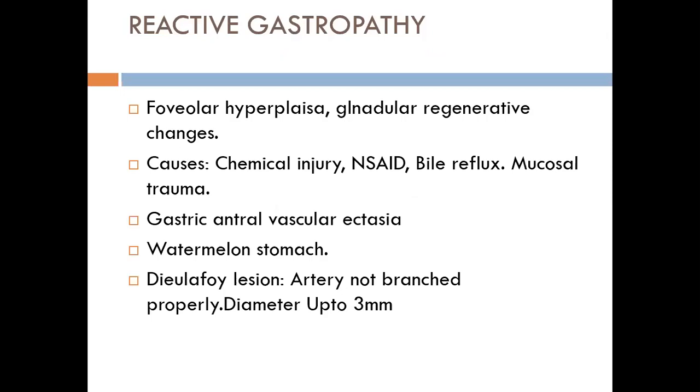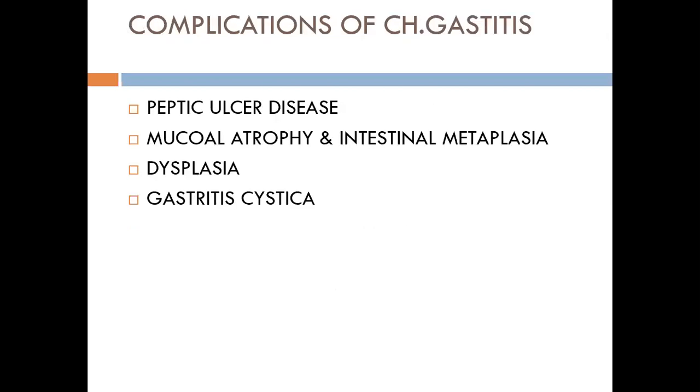Then gastric antral vascular ectasia, or watermelon stomach. So there is an artery not branched properly, and the diameter may be up to 3 millimeters. And this lesion is called Dieulafoy lesion.